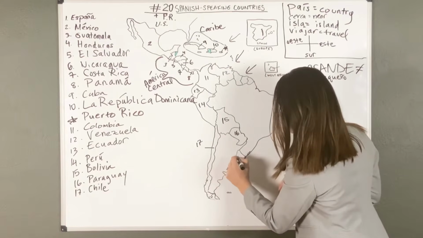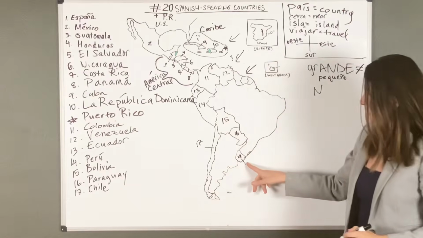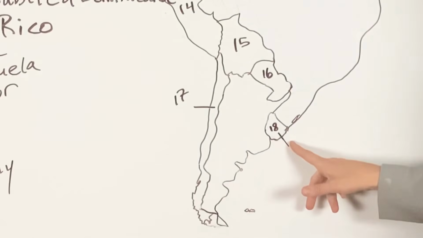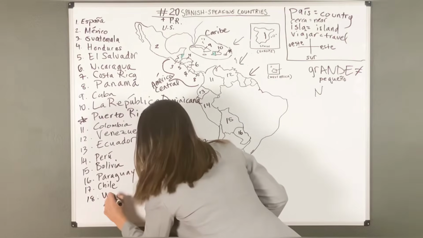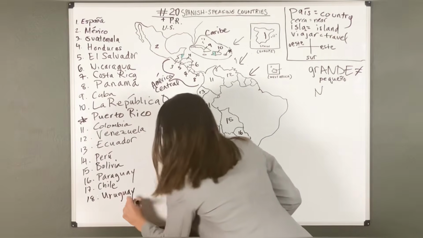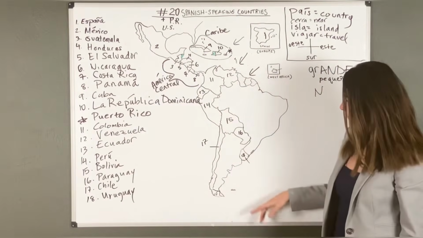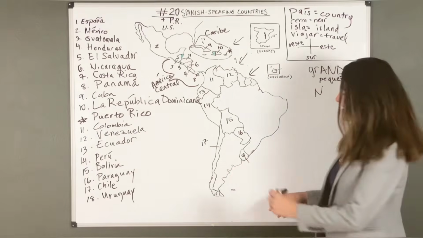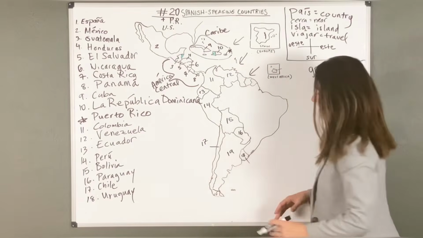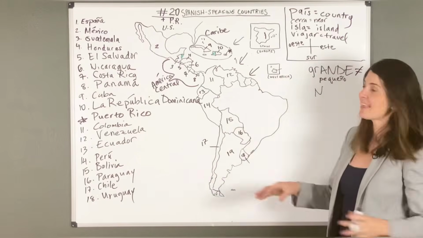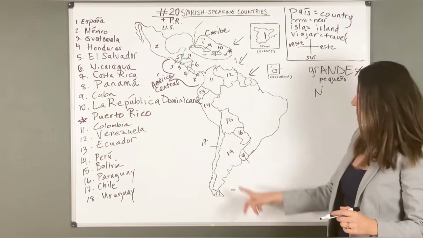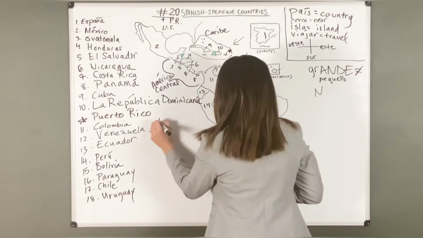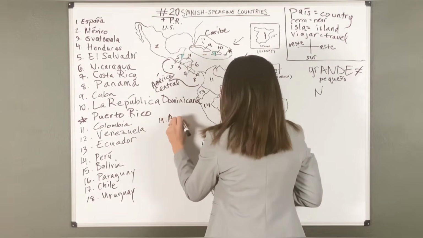Vamos aquí. 18 es Uruguay. Y este país, que es el más grande en toda América del Sur o Suramérica, se llama Argentina.